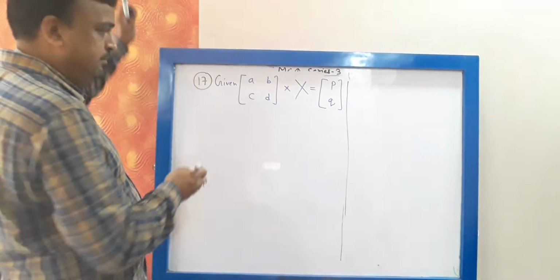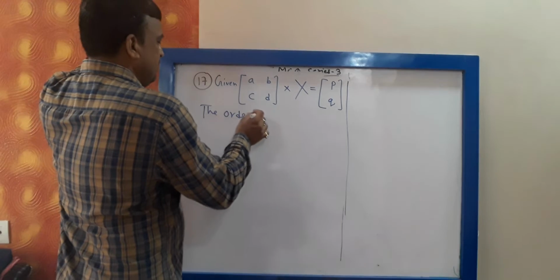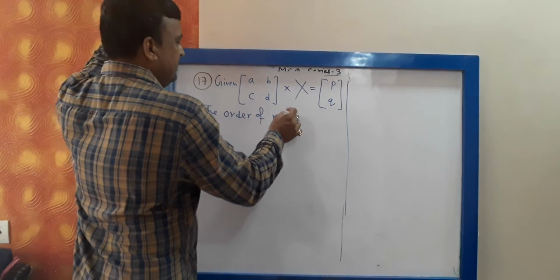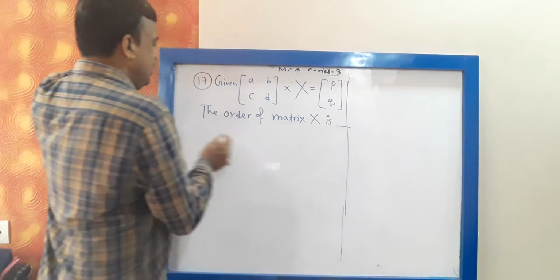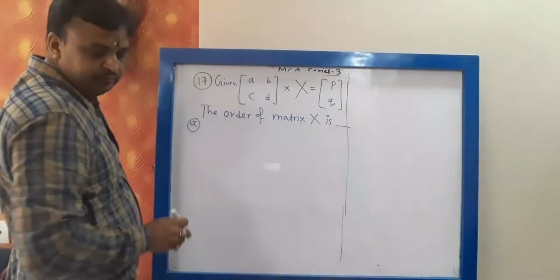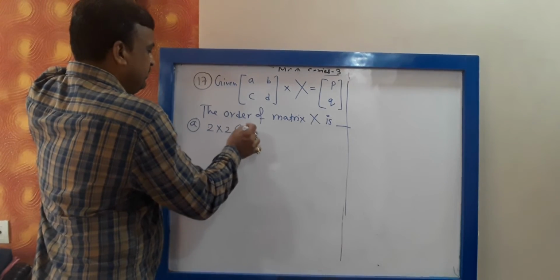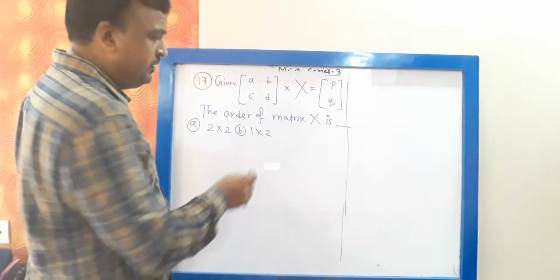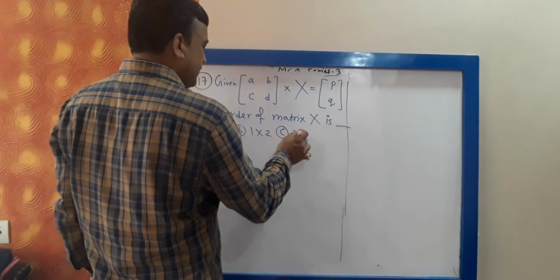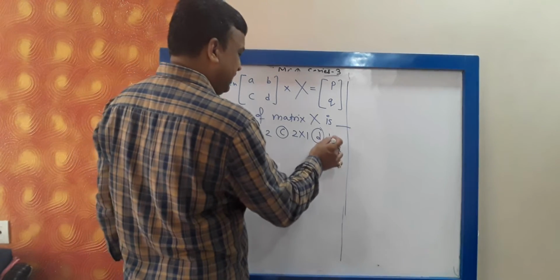The order of matrix X is, option number A 2 by 2, option number B 1 by 2, option number C 2 by 1, and option number D 1 by 1.